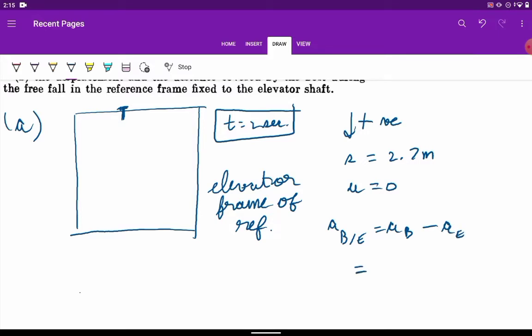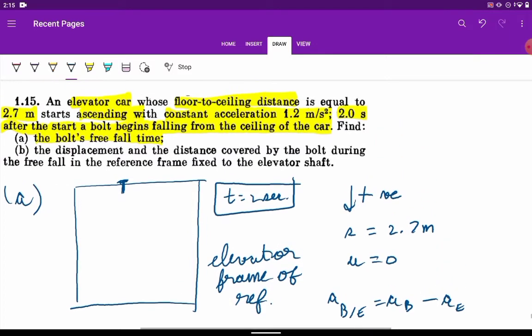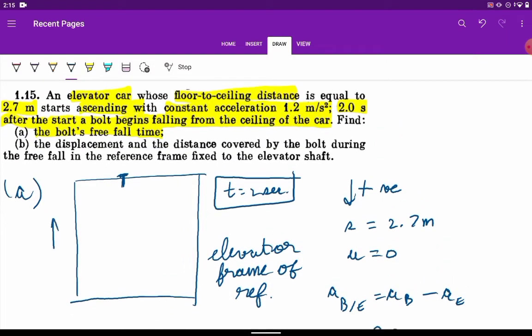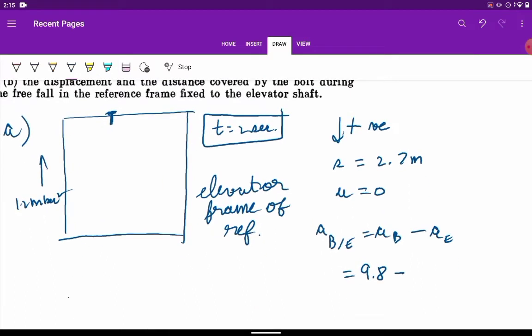Acceleration of bolt is, it's in free fall, so 9.8. Acceleration of elevator is 1.2 meter per second square upwards, so this means it is basically minus 1.2. So this means it is 11 meter per second square, right?